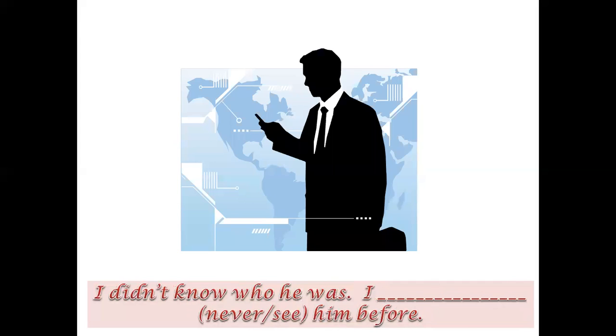I didn't know who he was. I had never seen him before. I didn't know who he was. Yes, because I had never seen him. عمري ما شفته قبل كده. مش عمري ما كنت عمال اشوفه. واصلا see is a stative verb. see بالمعنى بتاع يرى is a stative verb. So you cannot use it in the past perfect continuous as we know.